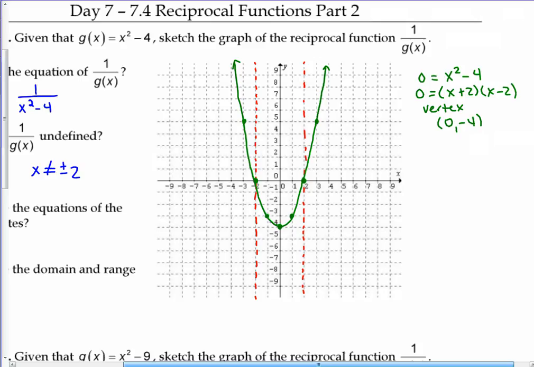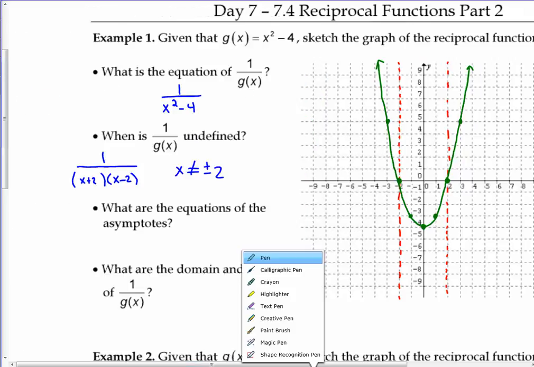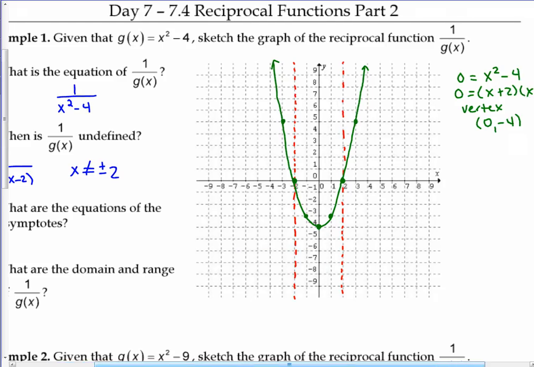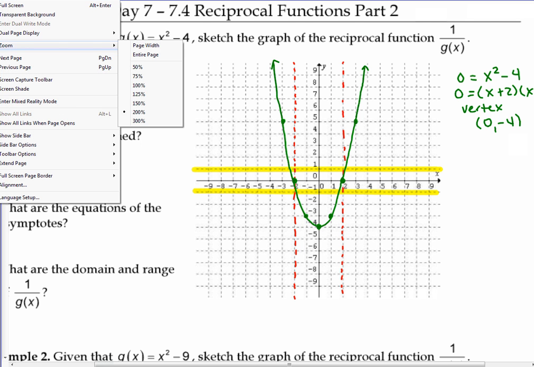So let's draw the reciprocal. Now, I want to draw the invariant points. Where are the invariant points? When y is negative and positive 1. So I'll take this away later, but we want when y is positive and negative 1, where the graph crosses that line, those points are going to stay the same, right?